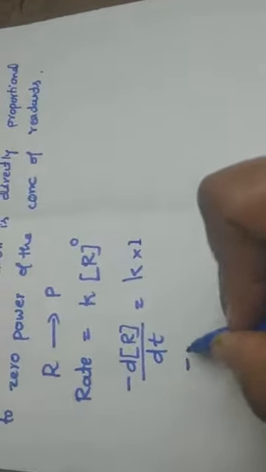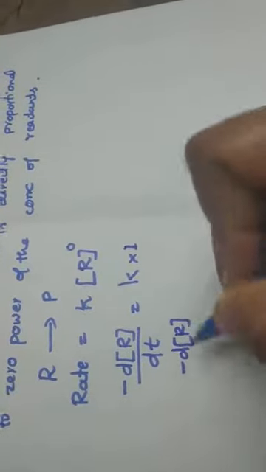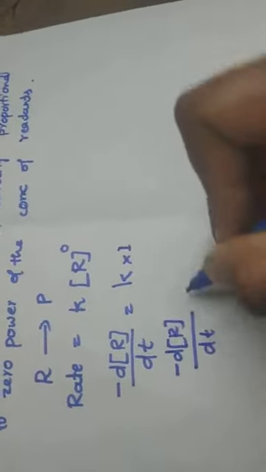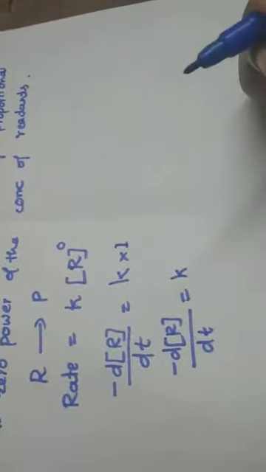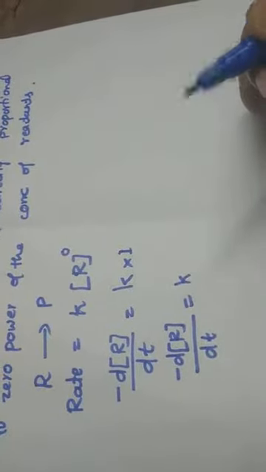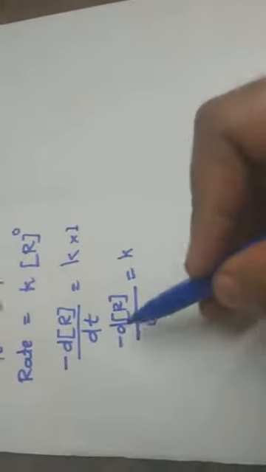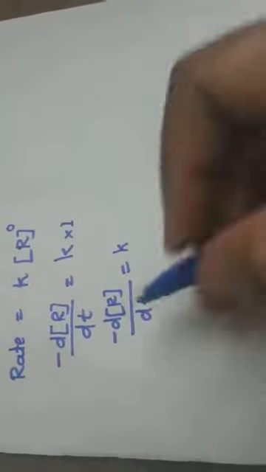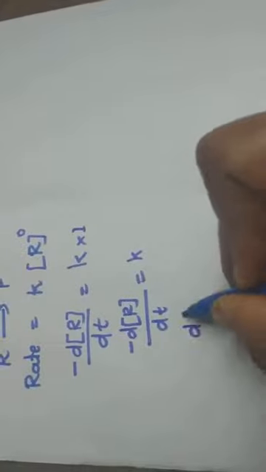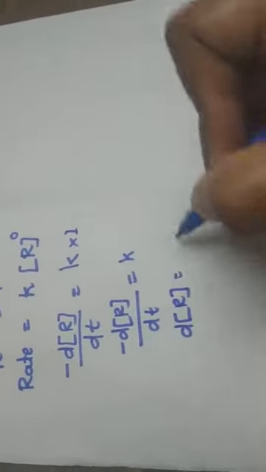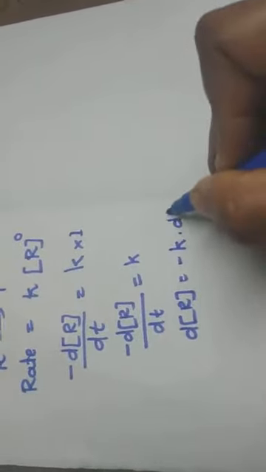So minus d[R] divided by dt equals K. Okay, so I'll shift dt to the right hand side and minus to the right hand side. Rearranging this, we get d[R] is equal to minus K into dt.